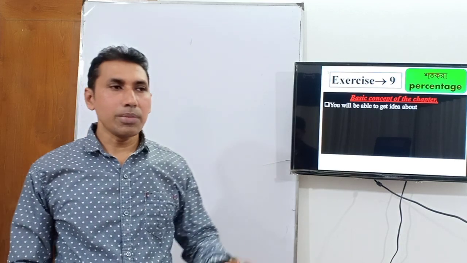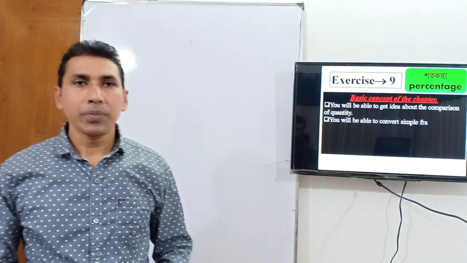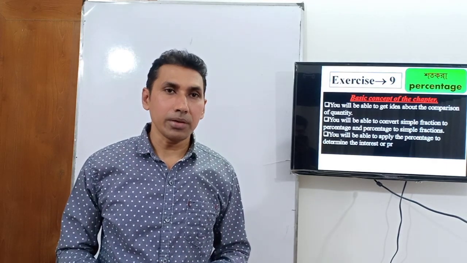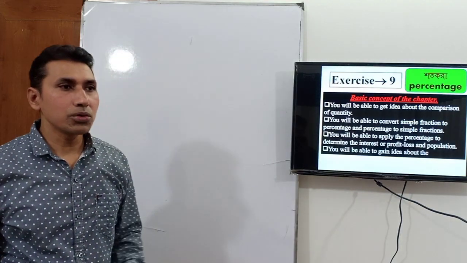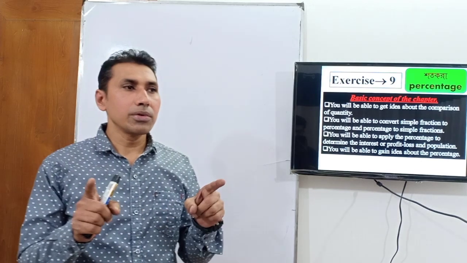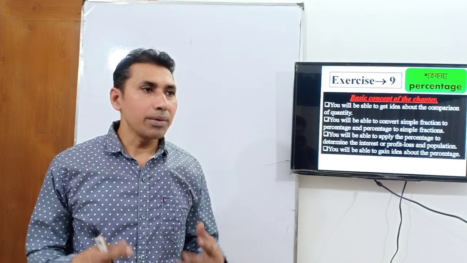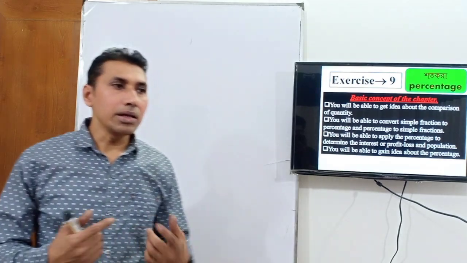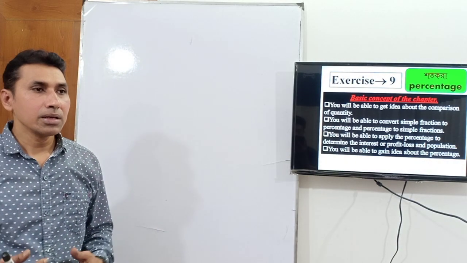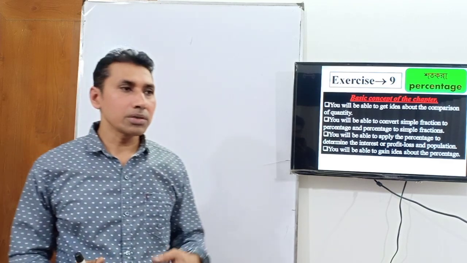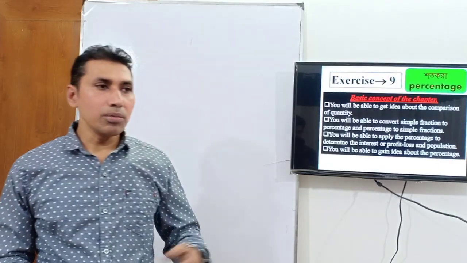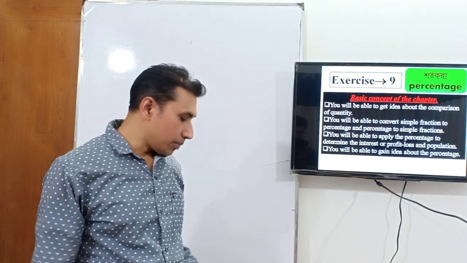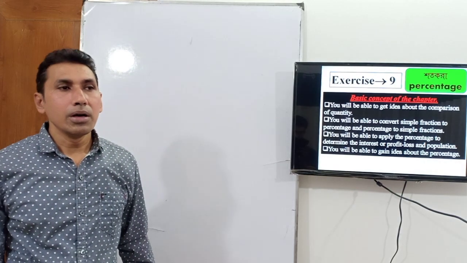This is the basic concept of the chapter, and you must know it. You will be able to get an idea about the comparison of quantity, convert simple fractions to percentages and percentages to simple fractions, and apply percentages to determine interest, profit, loss or population.